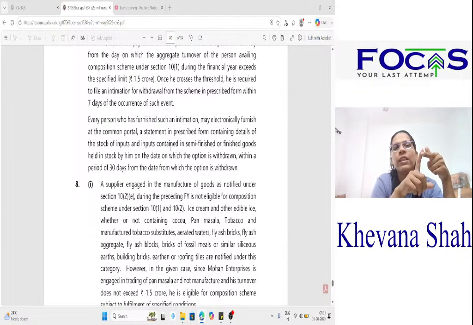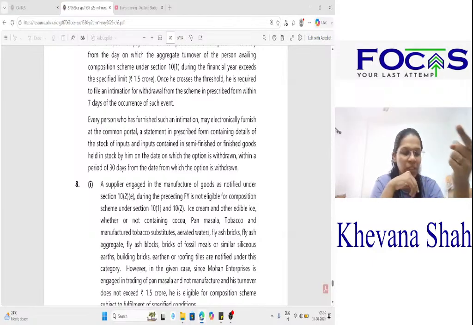It should have details of the stock of inputs, the inputs contained in your semi-finished goods and your finished goods, which are held in stock by you on the date on which the option is withdrawn. All these details you should give within a period of 30 days from the date from which the option is withdrawn.